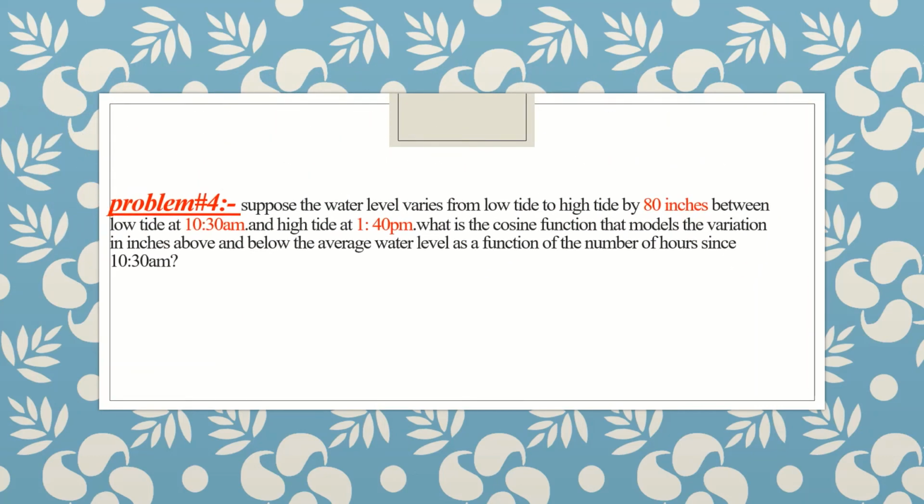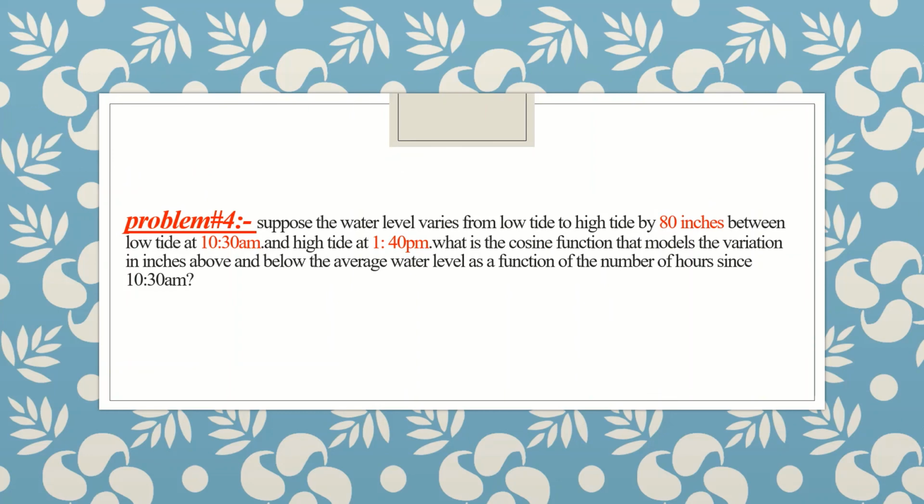Example number 4 is an application to real life. Suppose the water level varies from low tide to high tide by 80 inches, between low tide at 10:30 a.m. and high tide at 1:40 p.m. What is the cosine function that models the variation in inches above and below the average water level as a function of the number of hours since 10:30 a.m.? This question is about the tides on the ocean, which can be applied in daily or real life.